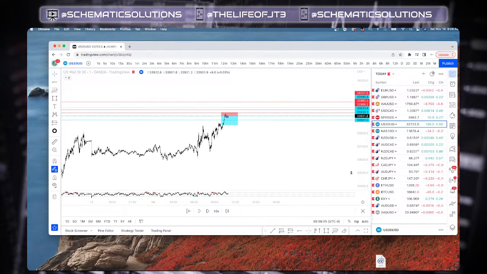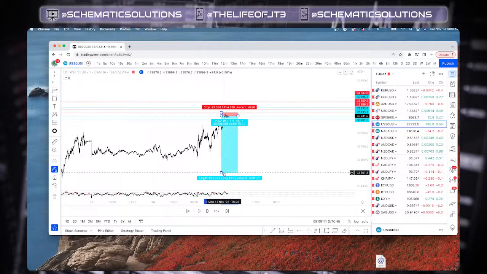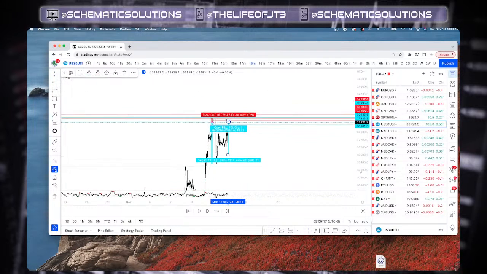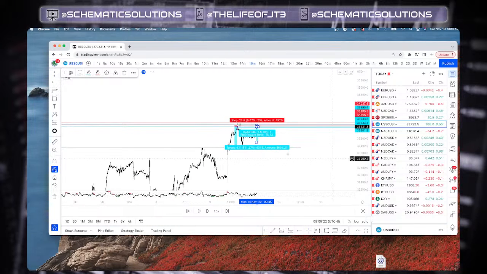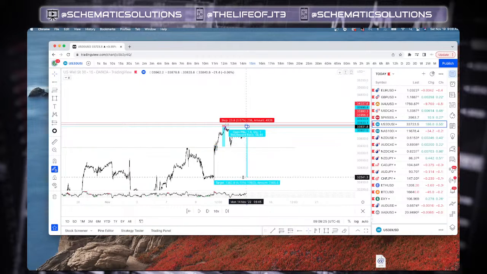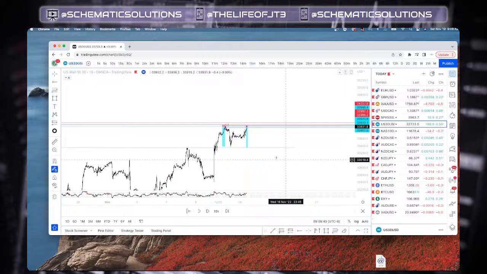But my overall main area I wanted to see price at least come down to before anything, I wanted to see price come all the way down here. This is what I wanted to see, which would have set us up for about a 1 to 57. Would have definitely been nice, right? But our first target is going to be at the break of this low, so about a 1 to 24.